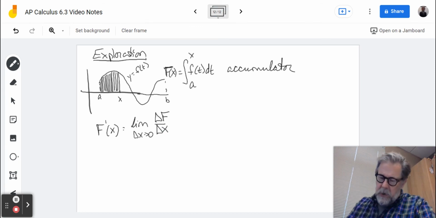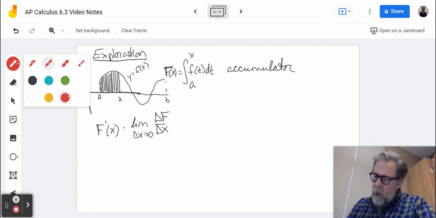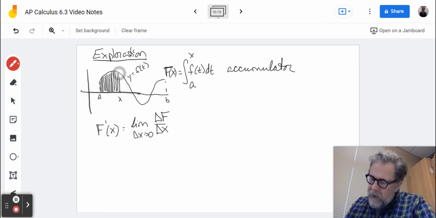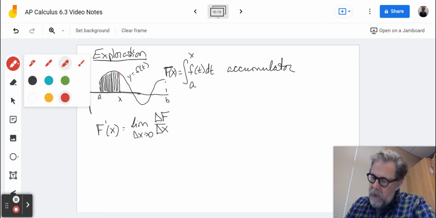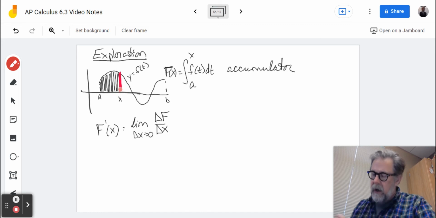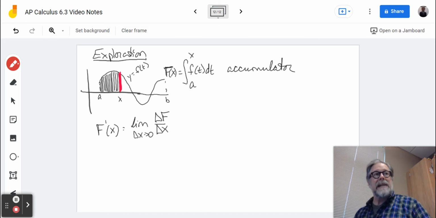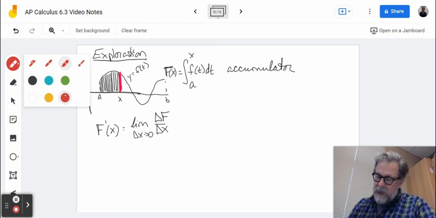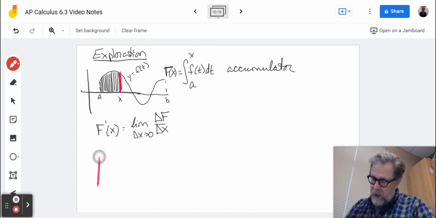So I'm going to draw one more rectangle right there. I've added one rectangle to the end of my derivative.